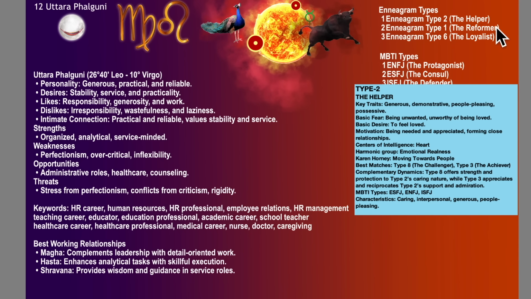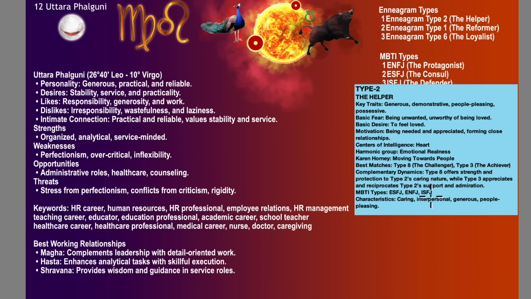The first Enneagram Uttara Phalguni matches with is type 2, the helper. The key traits being generous, demonstrative, people-pleasing, and possessive. Their basic desire is to feel loved. The basic motivation here is being needed and appreciated, forming close relationships, and they are psychologically moving towards people.